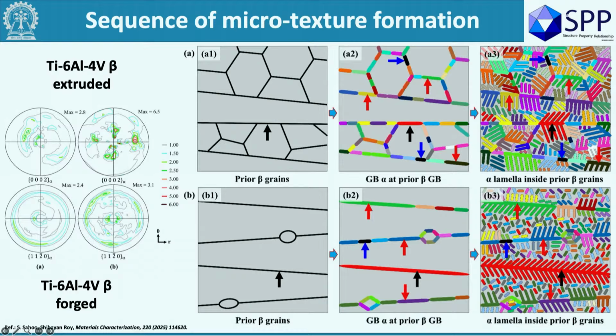So this one did not transform the usual way with grain boundary alpha and all that sequence. It generates its own path, and as I initially said, the basket weave structure I don't want to take up because it's a different story altogether. This is that story. That one generates a basket weave structure, and if you see their texture, that's completely different, and that difference cannot be explained simply by extrusion versus forging, right?